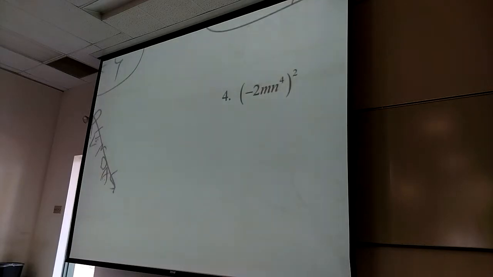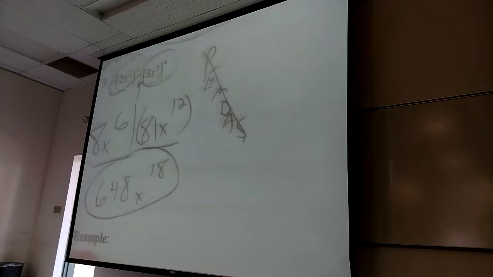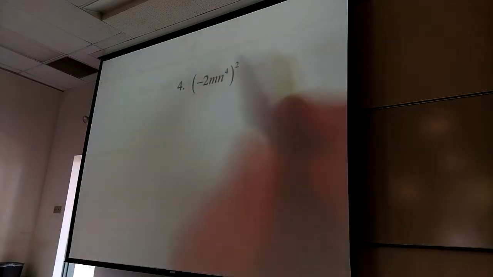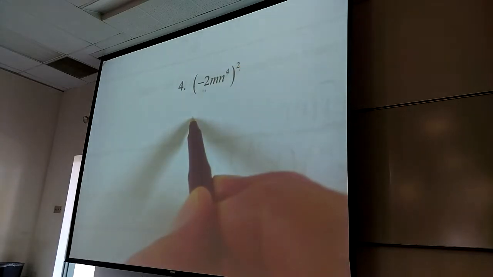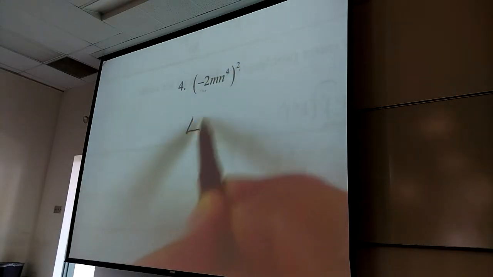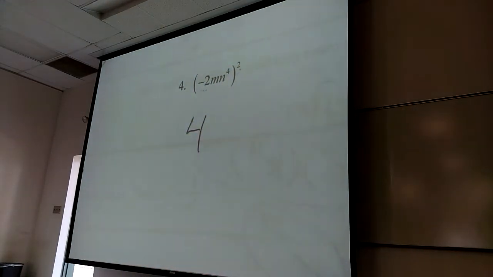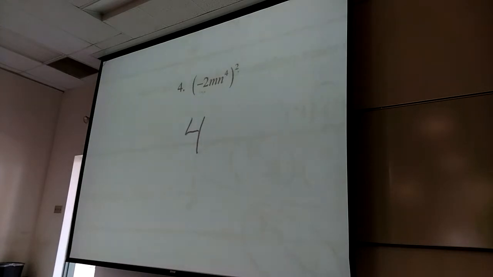Relatively, number 4 should be easy, relative to what we just did. What do you do with number 4 there? Multiply -2 times -2. Yeah, -2 squared is, careful, positive 4. M squared. If I have an even number of negatives, they will all kill each other, so it becomes positive.